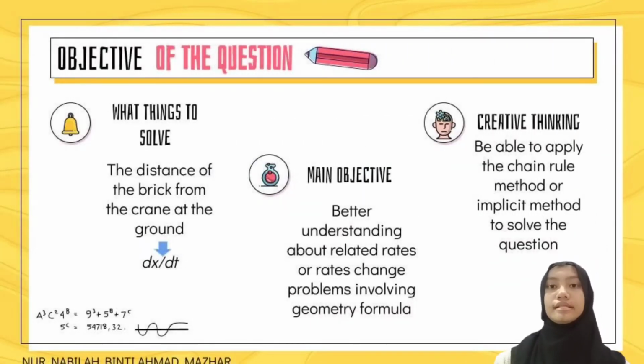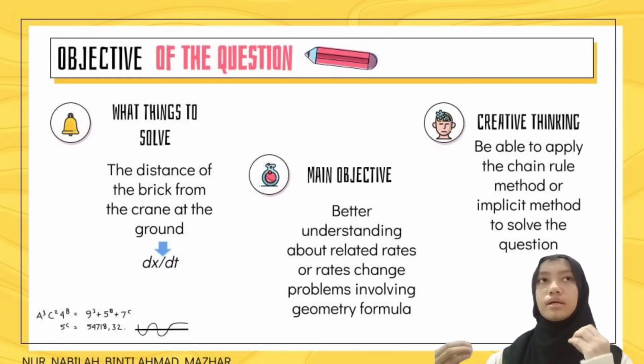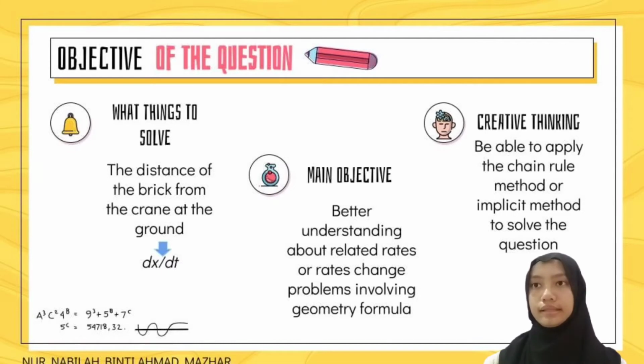Okay, let's move to the objective of the question. First, what things to solve? From the question, we must know the condition. What's the question? The distance of the brick from the crane at the ground, which is equivalent to dx/dt. And the second thing is the main objective.